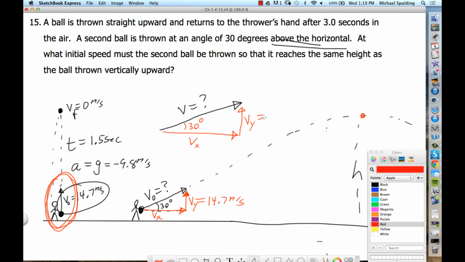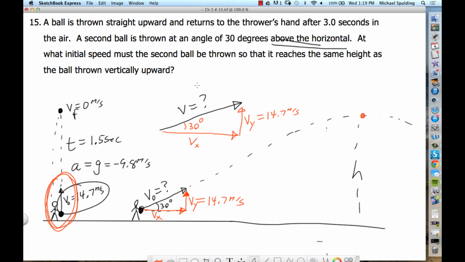This is going to become a trig problem. How can we find this guy? It's basically the hypotenuse of the triangle. How can we find the hypotenuse of the triangle? Using sine. You go sine of 30. So sine of 30 is going to be opposite over hypotenuse.